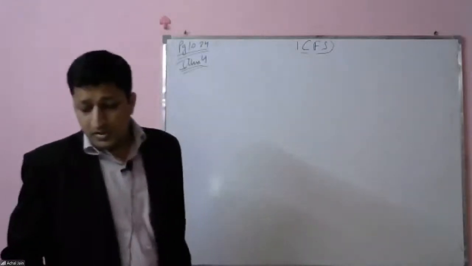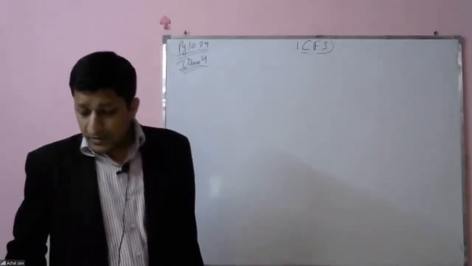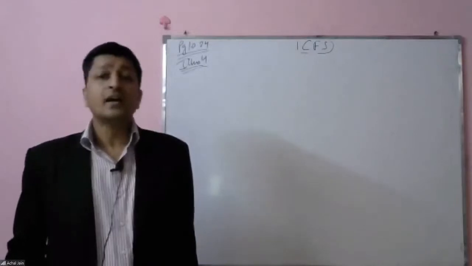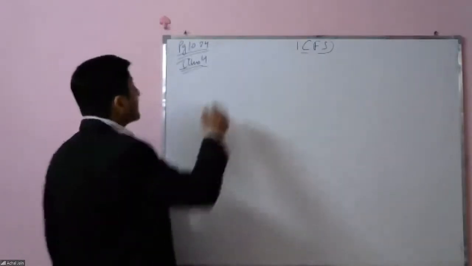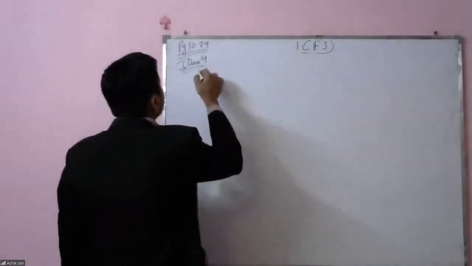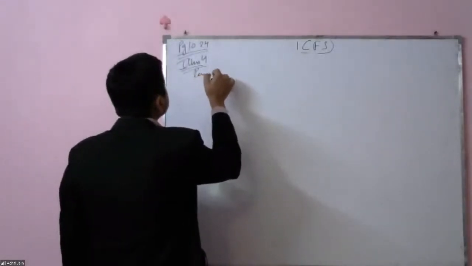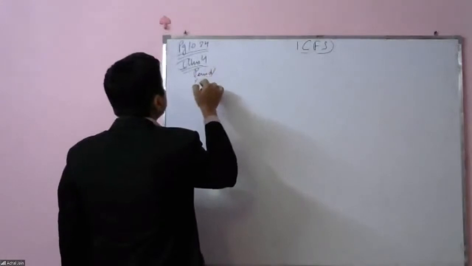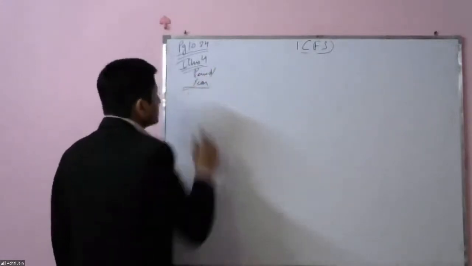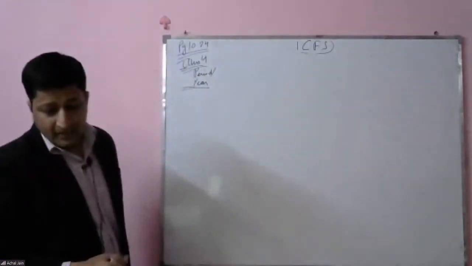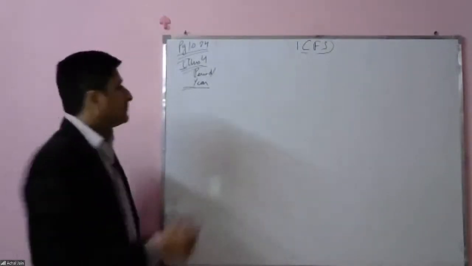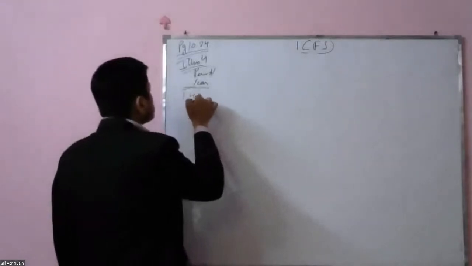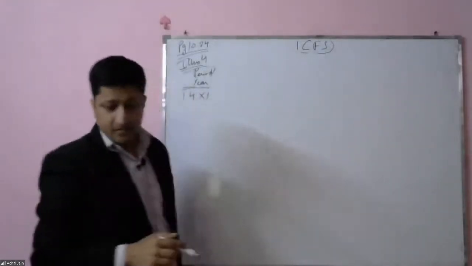It was the date of acquisition when the minority interest will be computed. So you can say period or year at the time of acquisition in 20X1, 1st April X1.